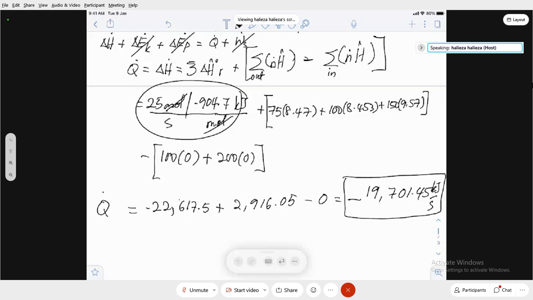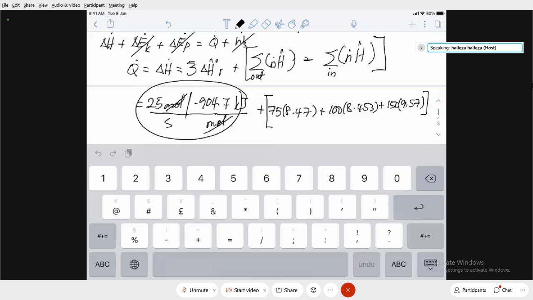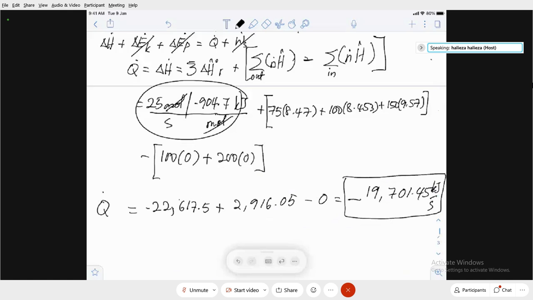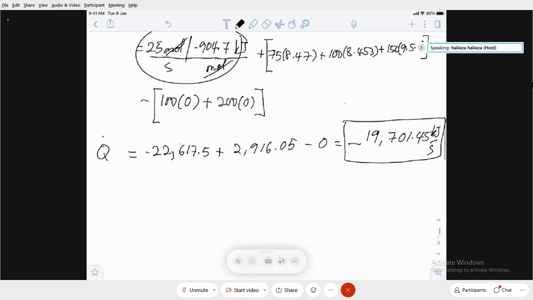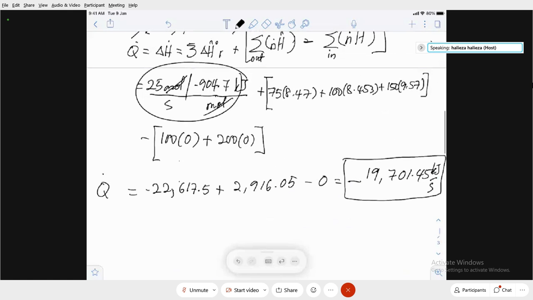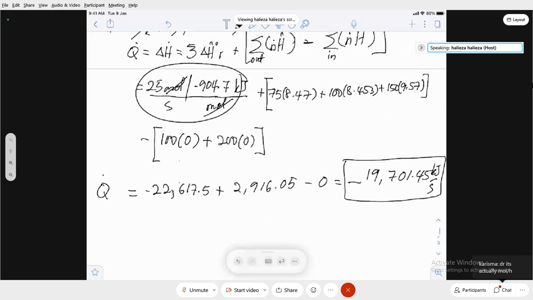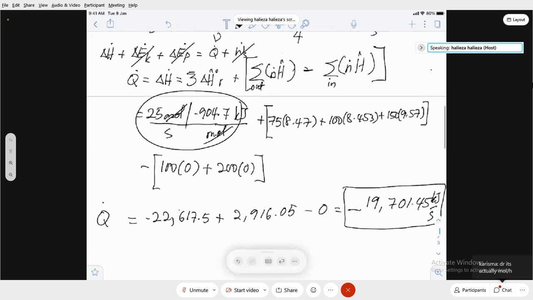That's negative because heat is being released. Anybody get a different value? Are you guys with me? Same. Thank you. This is how you do your energy balance.